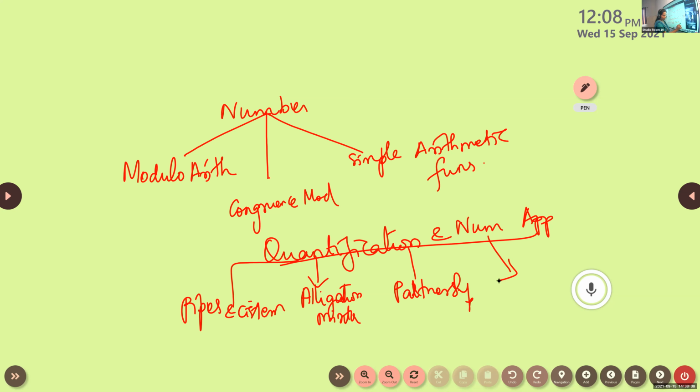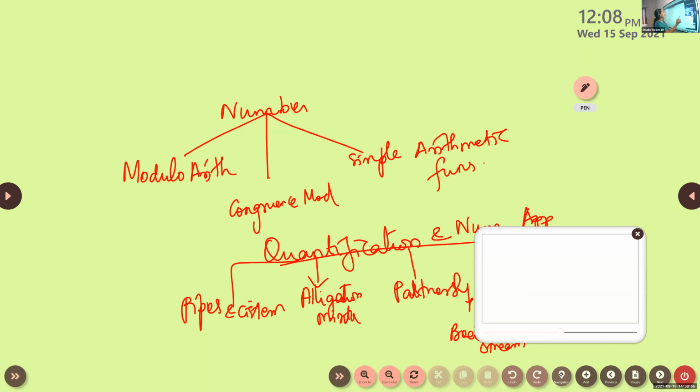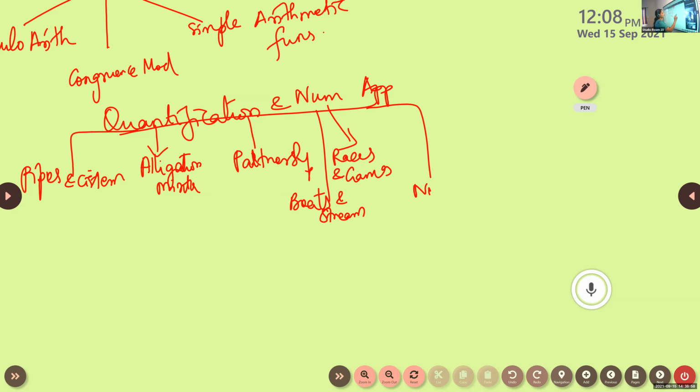Then races and games. Boats and streams, upstream, downstream questions. And one more part, numerical inequalities. So this much you have to learn. This many things are there if you take the first unit.